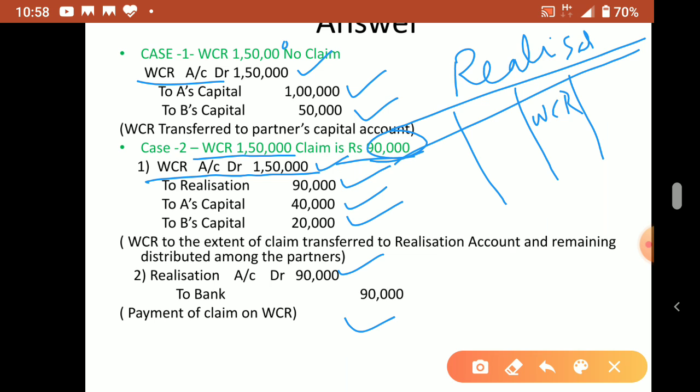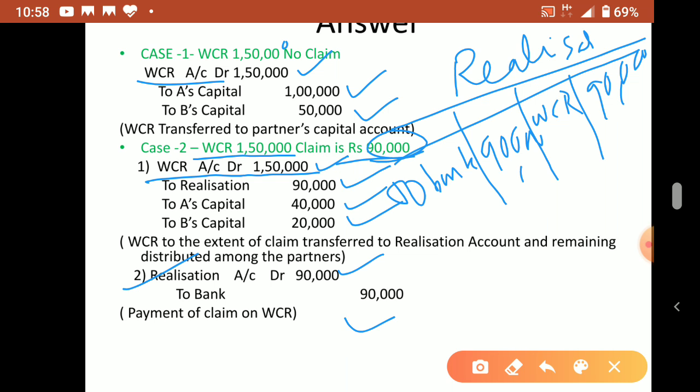Correct, no? Credit side WCR will come, 90,000. Now we are making payment, realization to bank, so realization to bank here will come 90,000. Only the WCR case I'm showing here.